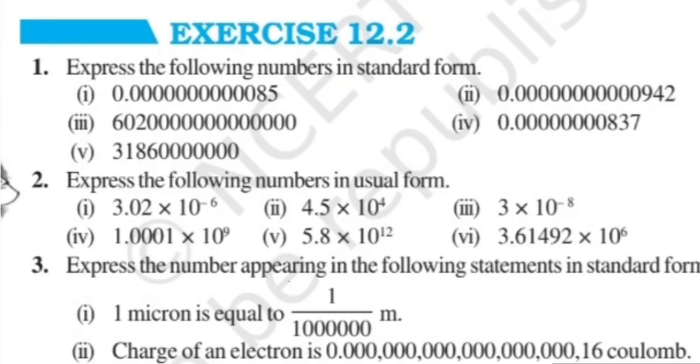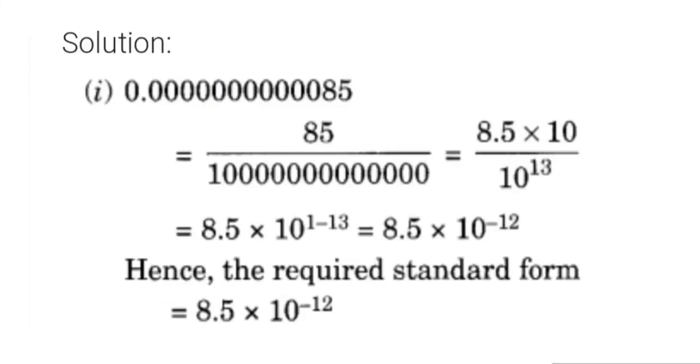Number 1, 0.000000000008 5. Now in this decimal we have to shift the decimal point after 8. Then only it will become 8.5 into something. Yes, then only it will come in the standard form. So this we can write 8.5 into 10.